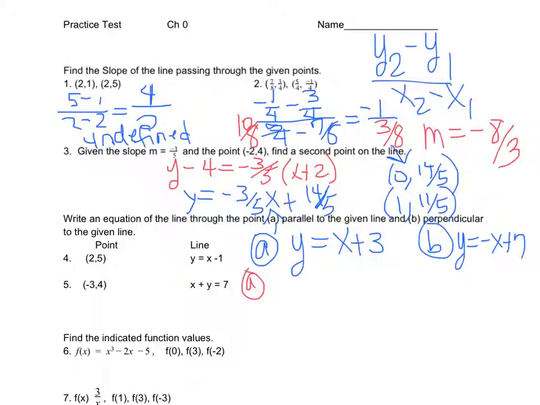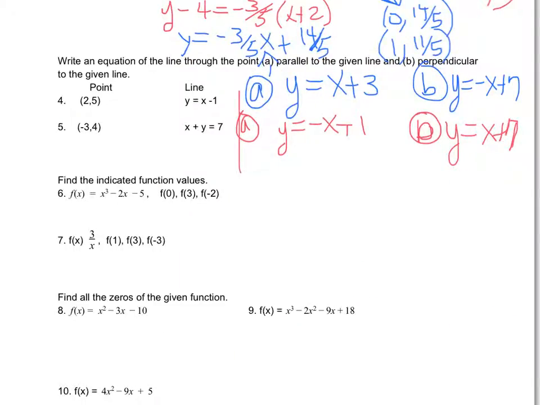The parallel line is y equals negative x plus 1. The perpendicular line is y equals x plus 1. Yes, plus 7.